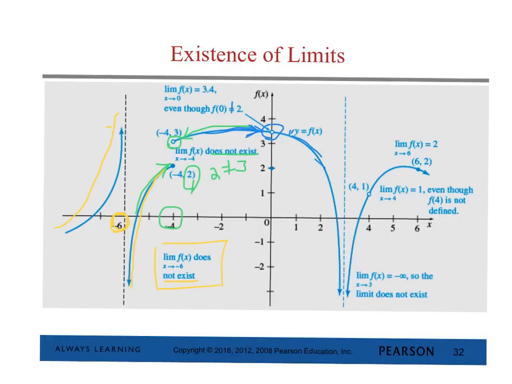Now, if you don't think it's 3.4 and you think it's 3.5, that's okay, because we're looking at a graph and it's hard to read.